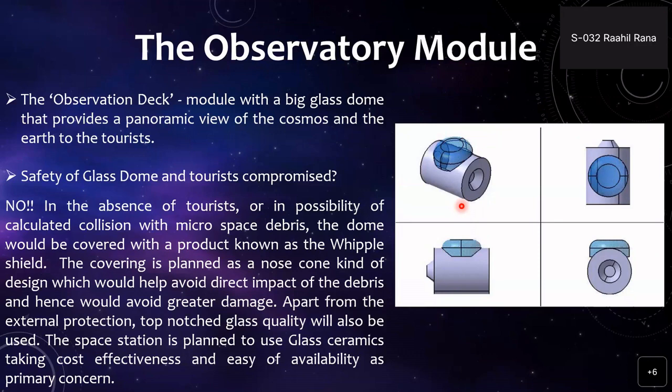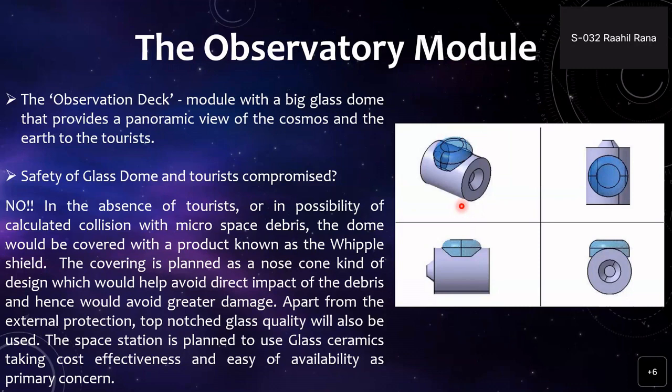Though we'll be using a top-notch glass facility, we also have a nose cone. This nose cone is built of a material known as Whipple shield. To be specific, we will be using multiple shock shields here. A Whipple shield is a hypervelocity impact shield.